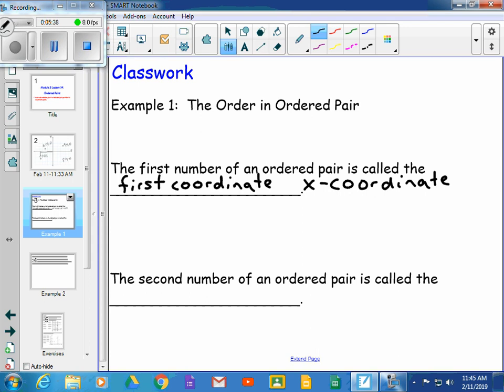Do not get the x-coordinate and the x-axis confused. This is one of my pet peeves. The x-axis is a line. The x-coordinate is a number that describes the location on that line.